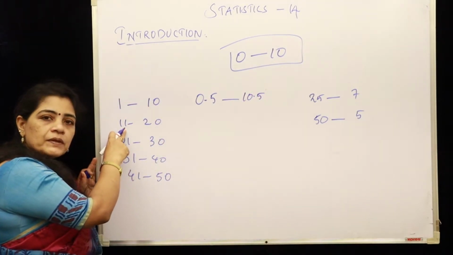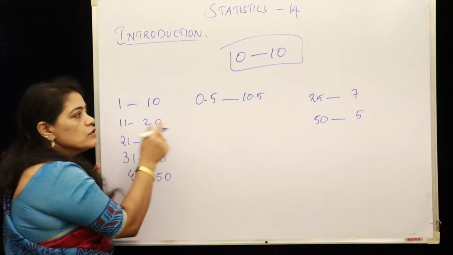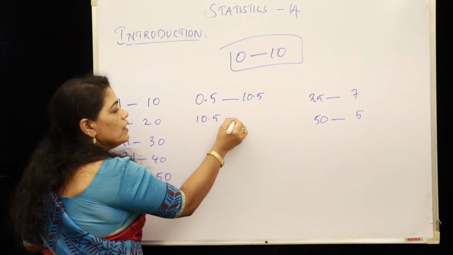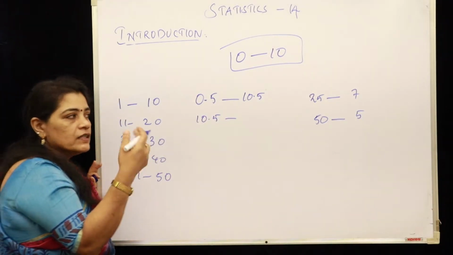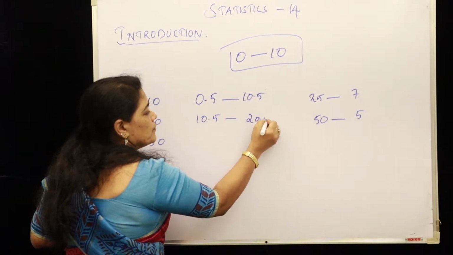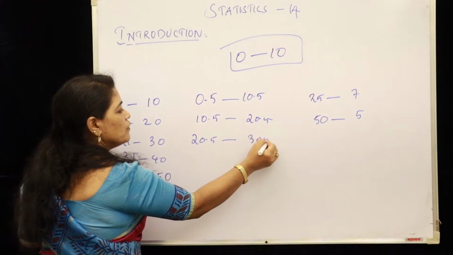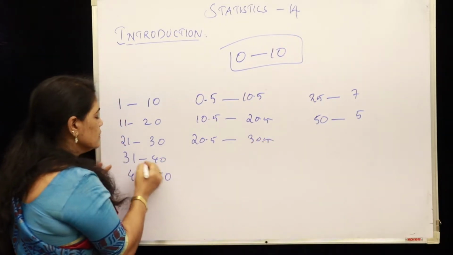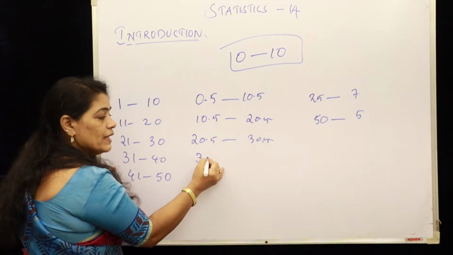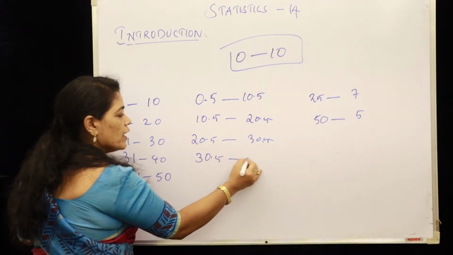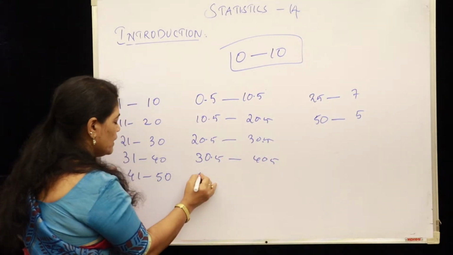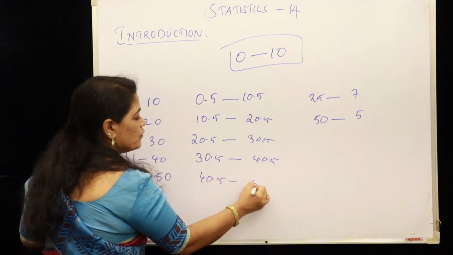Now I subtract 0.5 from 11, so this becomes 10.5, and I add the adjustment factor to 20, making 20.5. Likewise, you will have 20.5 and 30.5, by subtracting 0.5 from 31, 30.5, 40.5, and 50.5.